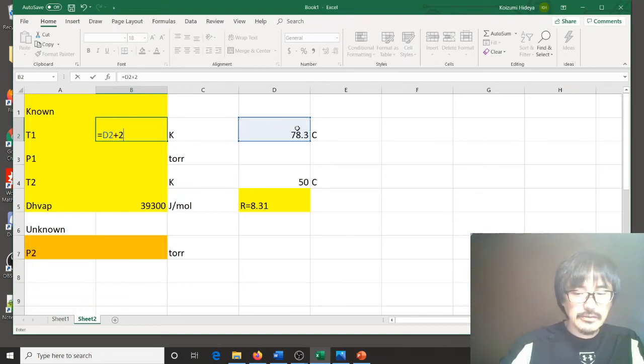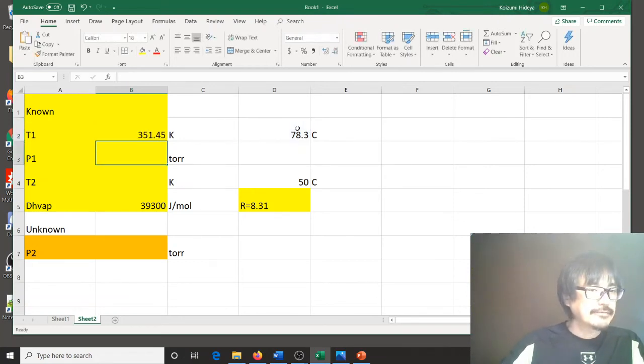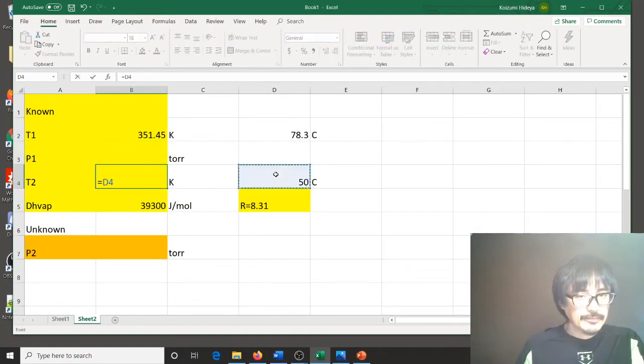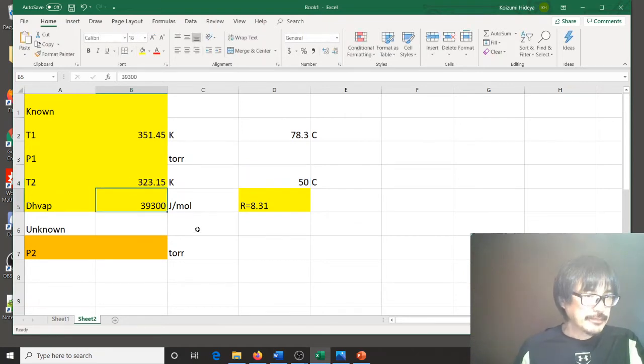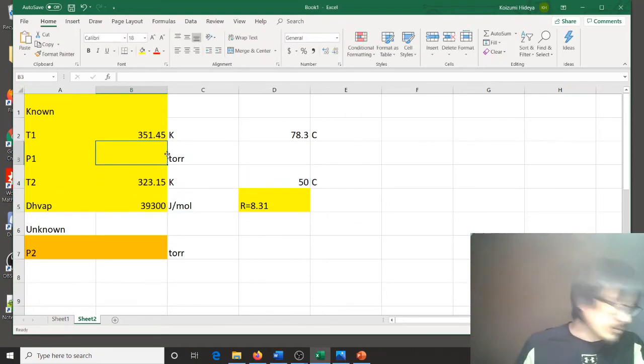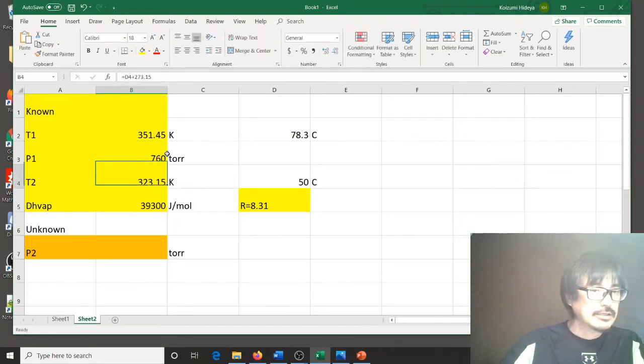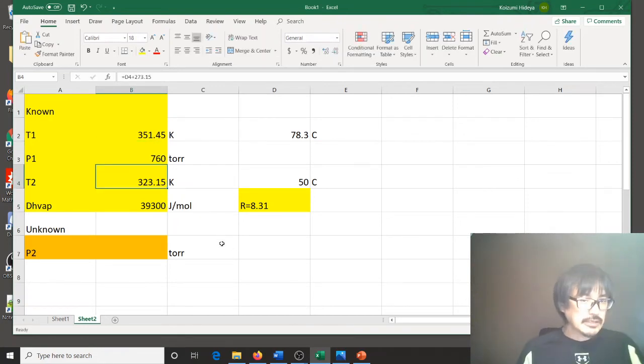Plus 273.15, and you do the same for here. This plus 273.15, you get that, and then the torr is 760. Okay, so these are all the information that we need.